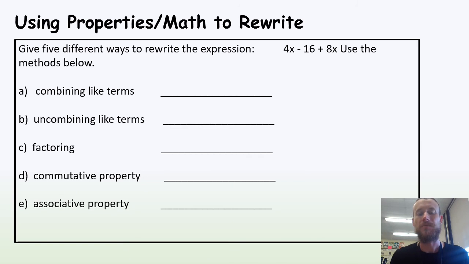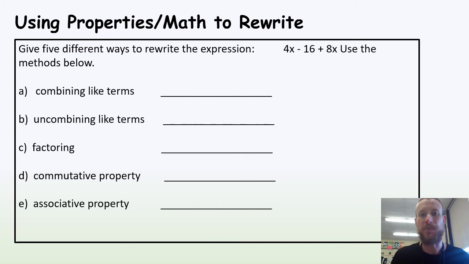Finally, we did this earlier in our section, but returning to it at the end, how many ways can we rewrite an expression? This is one of our warm-ups, and it was also in a section that we did early on.